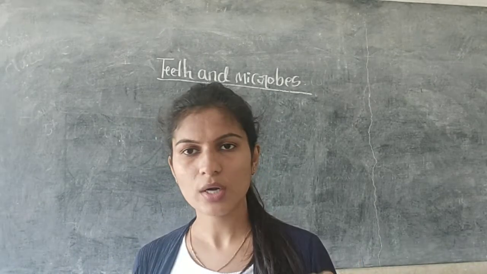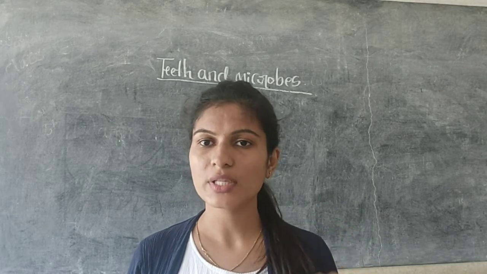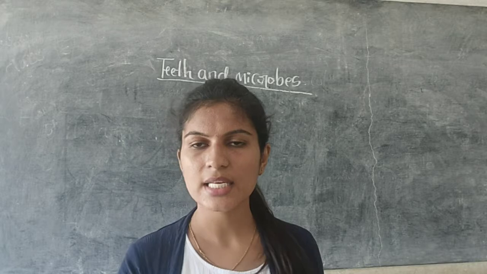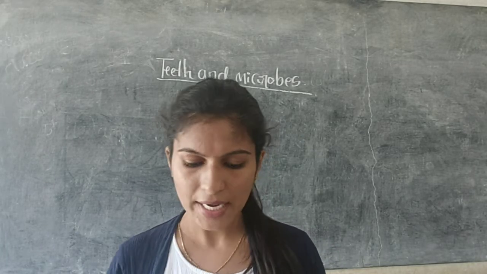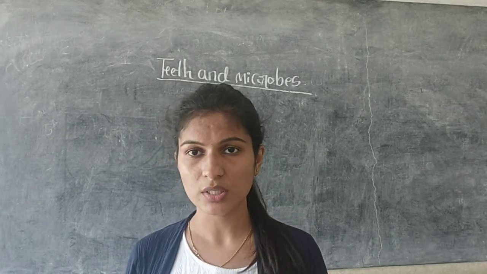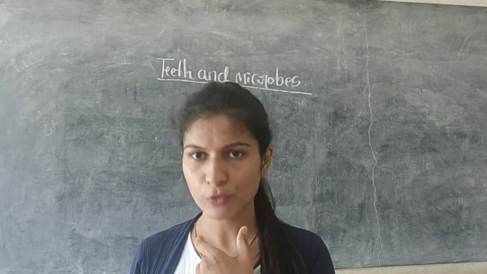Incisors are also called cutting teeth, because we use them for cutting the food. They are present in the front of our mouth. There are 8 incisors in our mouth: the upper jaw has 4 incisors and the lower jaw has 4 incisors.